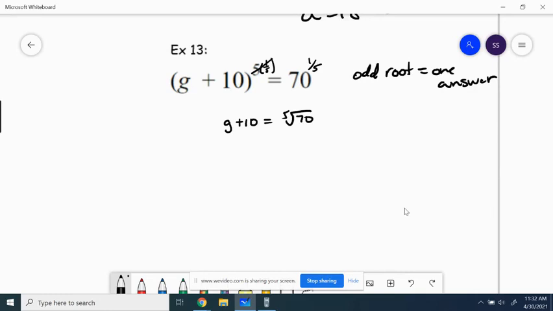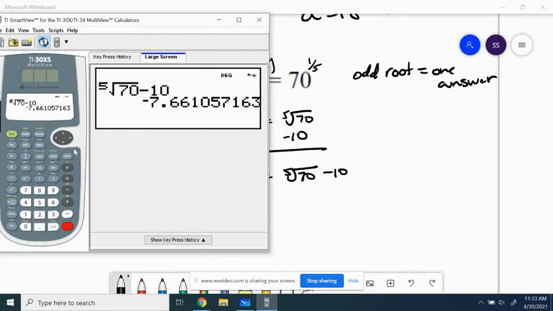All right, so now we just need to get g by itself. We're going to subtract 10 on both sides. And so from here, we can just type this into our calculator because I know that there isn't a number that we can evenly multiply by itself 5 times to get 70. So we're going to have to get an approximation here. So let's see.